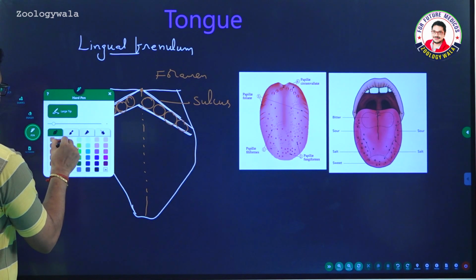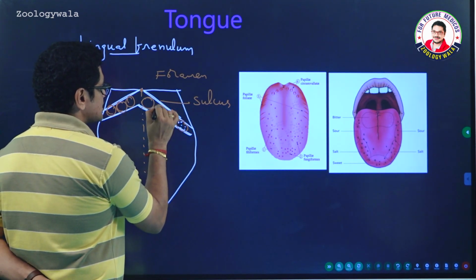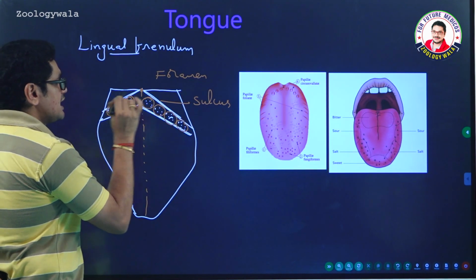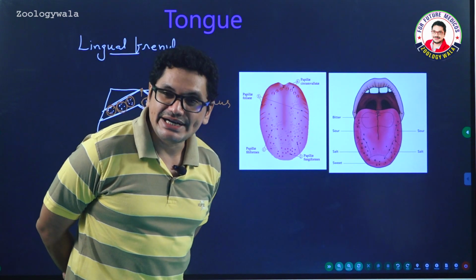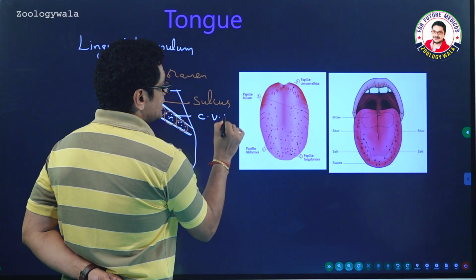How many taste buds are present in each circumvallate papilla? Around 100 to 300 taste buds. So taste buds are different, papillae are different. Papillae contain taste buds.